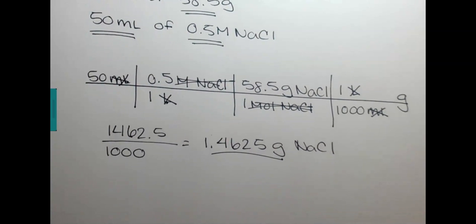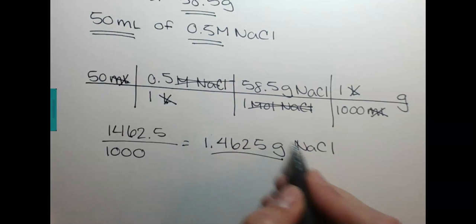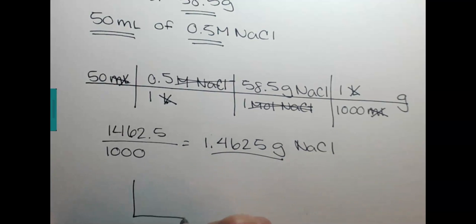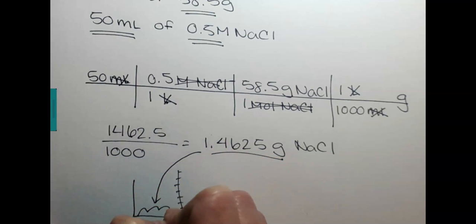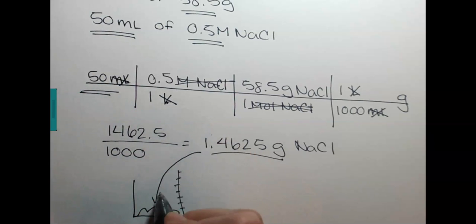So again, I'm going to go into my graduated cylinder or measuring cup or whatever you're using to measure this, and I'm going to add that many grams of sodium chloride, and then I'm going to fill to that 50 milliliter mark with water.